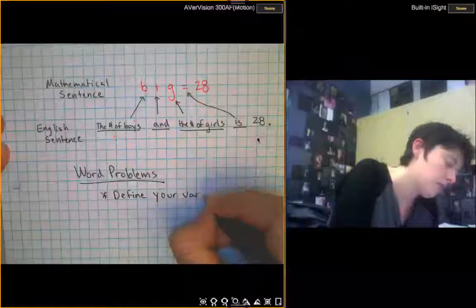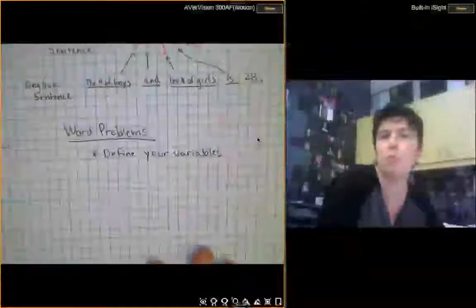Defining variables looks like this. If I decide to use B and G, for instance, then you use what's called a let statement, where you say something like let B equal or let G equal, and define it for the reader.